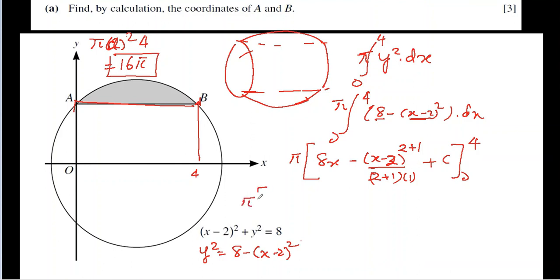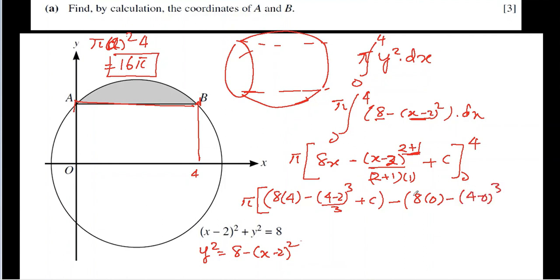And let's substitute the values now, 4 and 0. First 4: 8 times 4 minus (4 - 2)³ divided by 3, plus c, minus 8 times 0 minus (0 - 2)³ over 3.